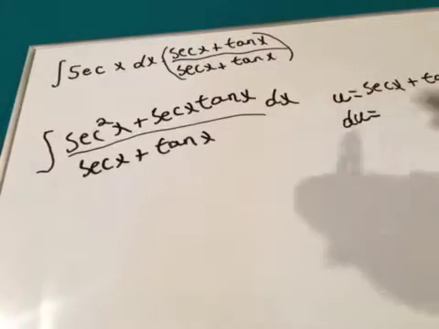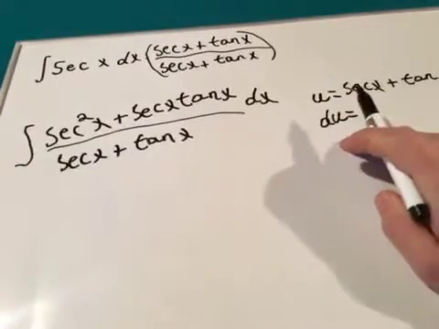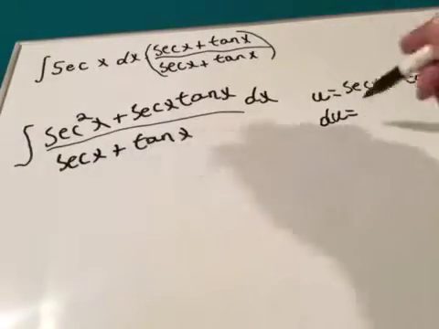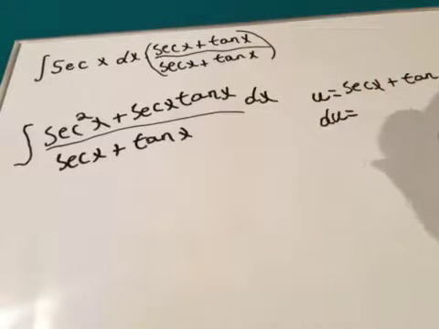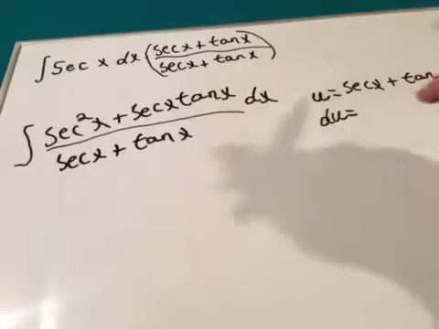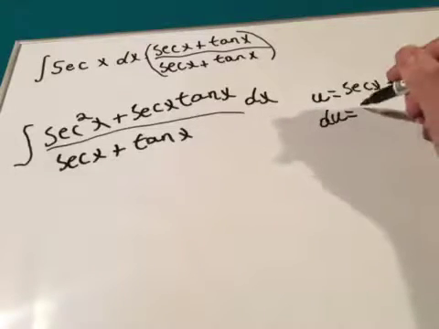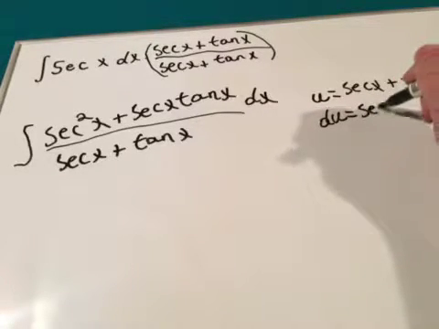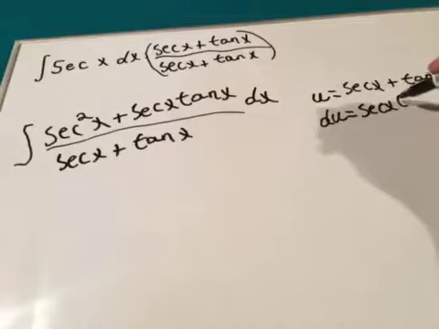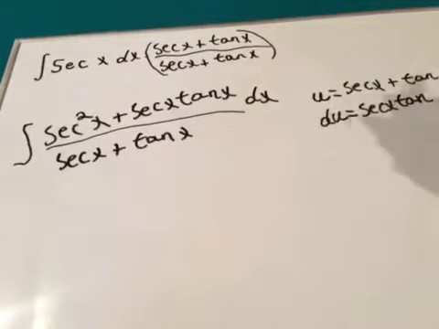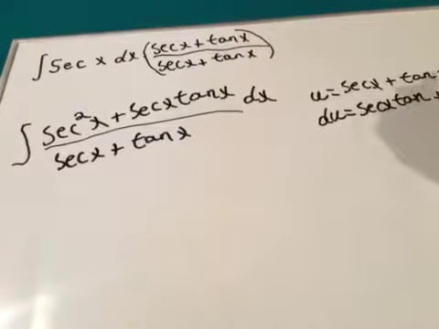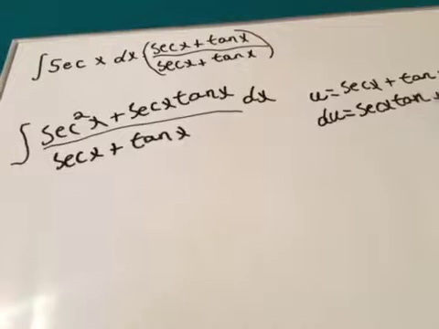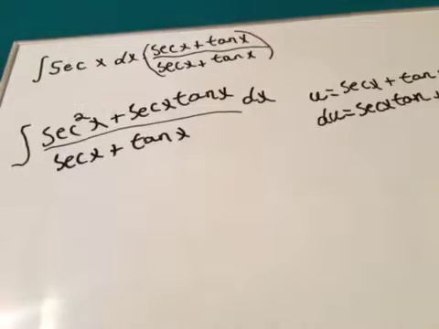So if u equals this, du would just be the derivative of u. So what's the derivative of secant x plus tangent x? Well, the derivative of secant, you can always look up if you don't know it, is secant x tangent x. And then plus, well, the derivative of tangent is secant squared x. And then we got dx.